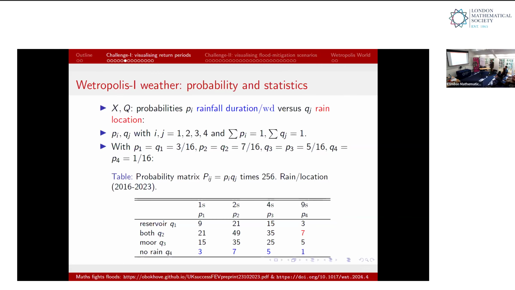Yes, it is. So we basically have the total probability matrix, which is the product of the probabilities of the location, the discrete probability, times the probabilities of the duration. So I have the reservoir Q1, both Q2, Moran Q3, no rain Q4, and likewise 1, 2, 4, and 9 seconds.